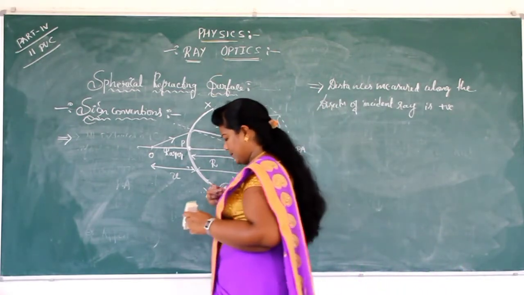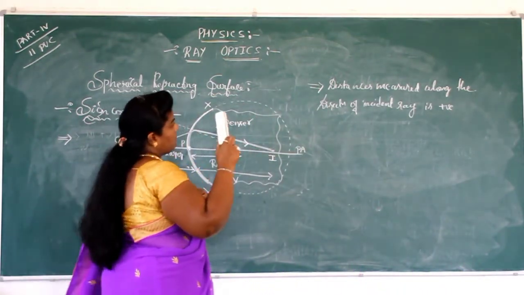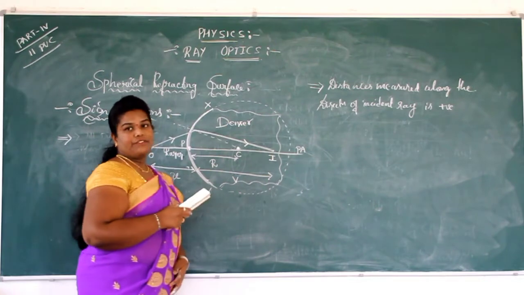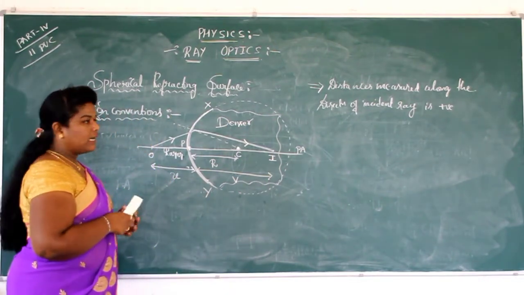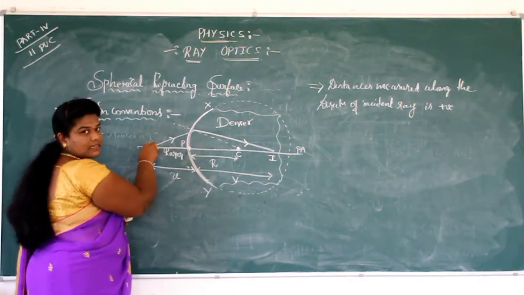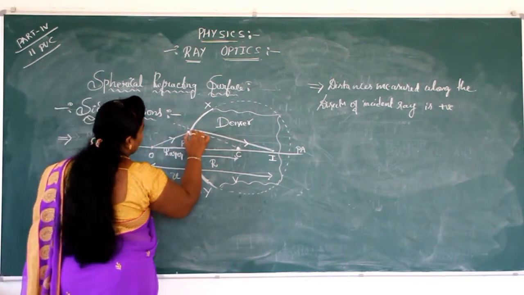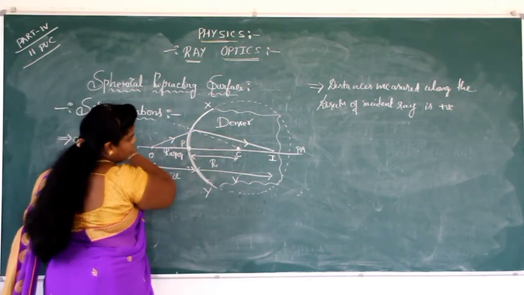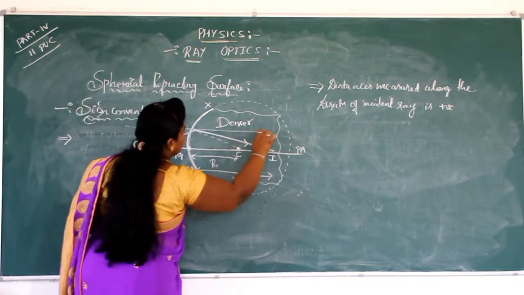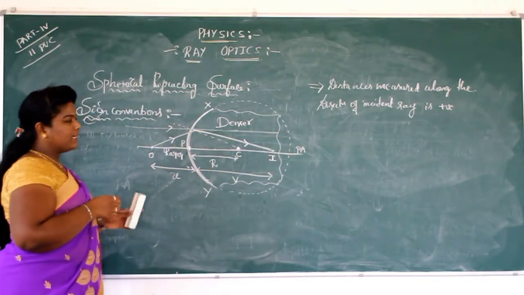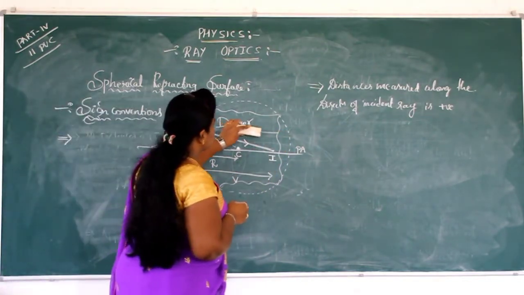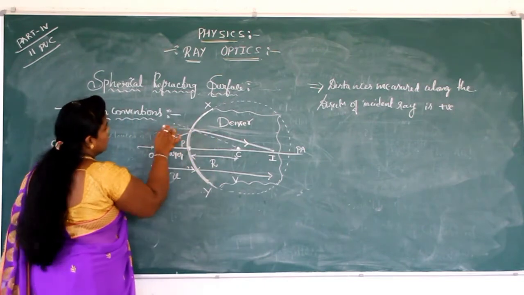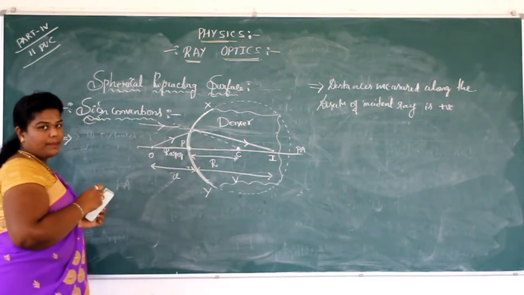I am repeating again, the distances which are measured along the direction of incident ray. How to observe that? See, actually the object is here. The incident ray is moving in this direction, from here to here. Hope you are getting the direction of incident ray. This is the direction of incident ray.